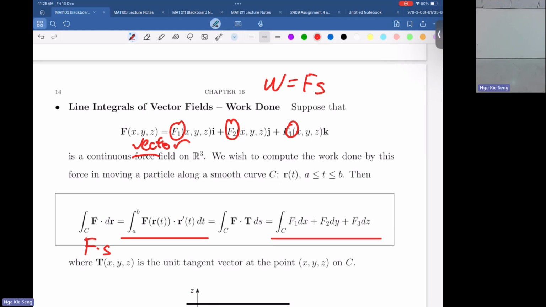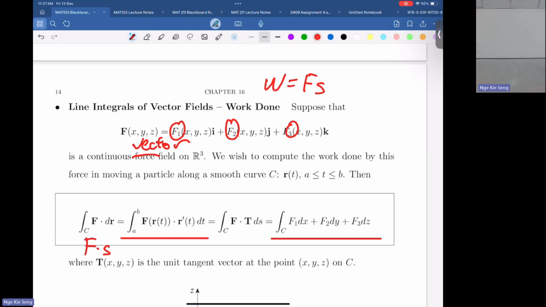And the end result here is the one that's useful for you. Because F1, F2, F3 is the formula for your vector field, and then you just integrate with respect to x, y, and z. You see, this x, y, and z are paired with the right scalar field.